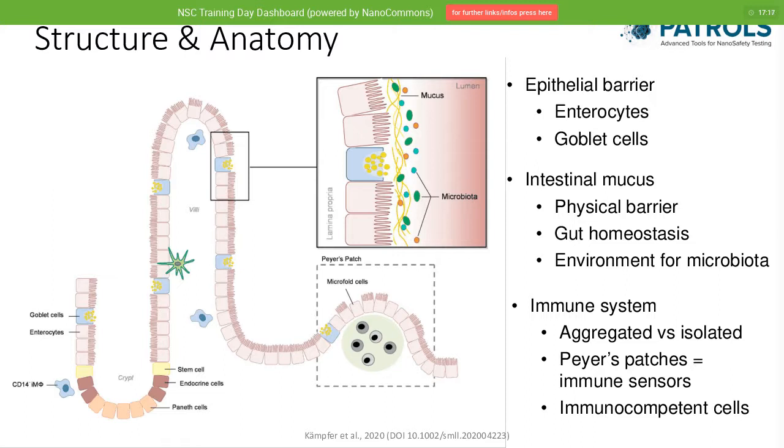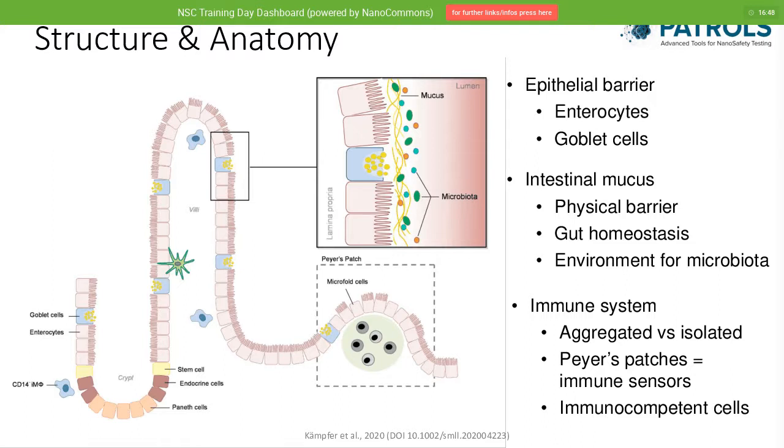The main cell types forming the epithelial barrier are enterocytes and goblet cells, which make up more than 90% of the cell types. The goblet cells are mainly known for the mucus production, which forms an additional very important physical barrier lining the whole epithelium. The intestinal mucus is also important for the gut homeostasis in itself and also provides an important living environment for the microbiota.